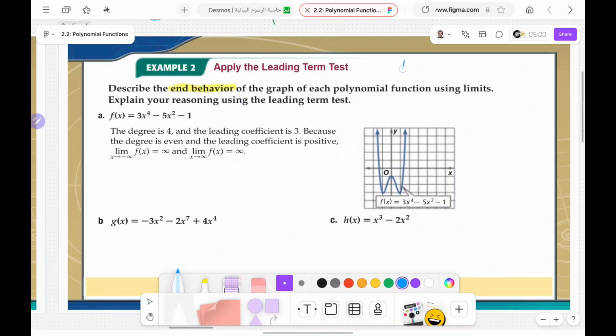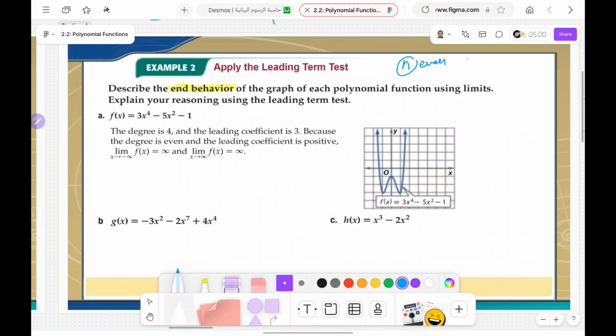We know that if n is even, it starts up and ends up. When the power n is odd, it starts down, sorry, I wrote it wrong here. Let me repeat this.